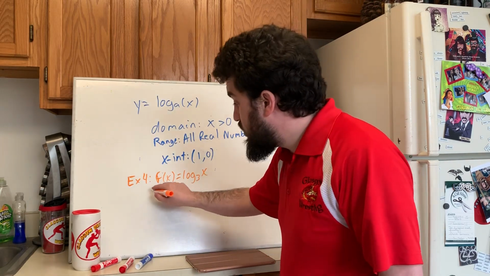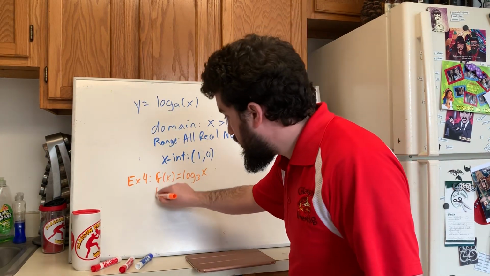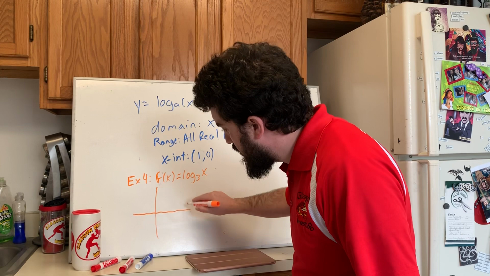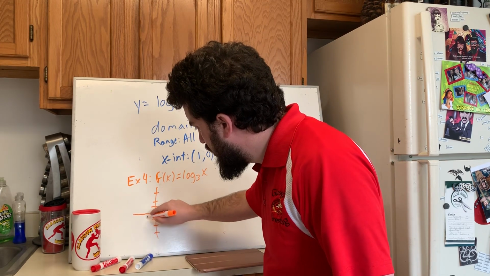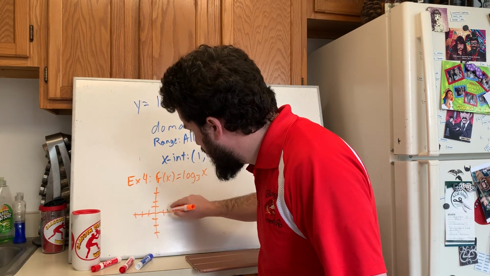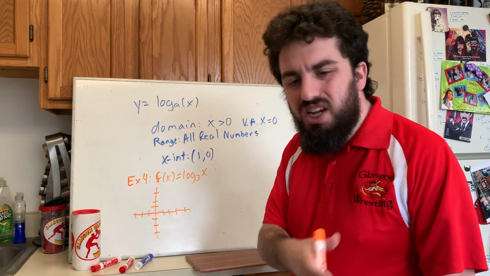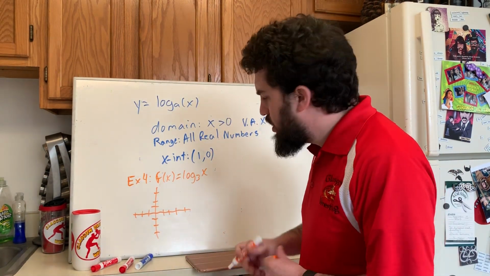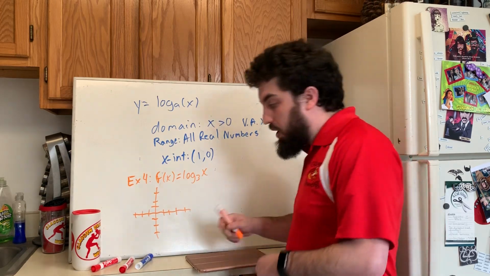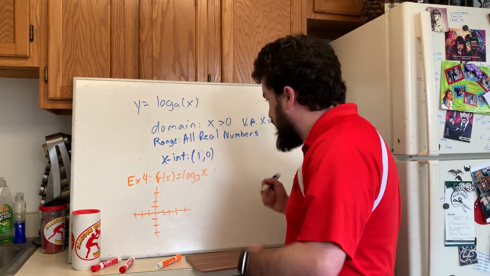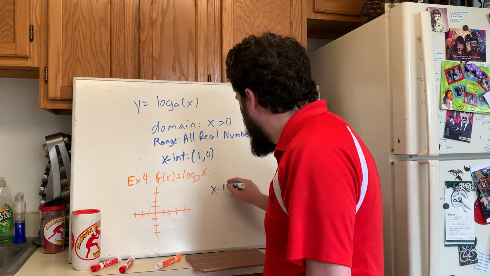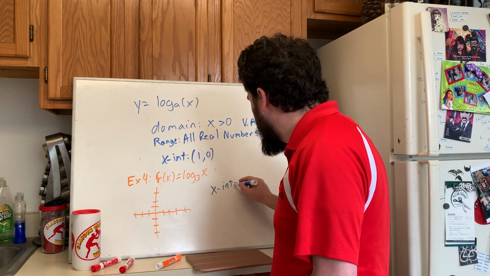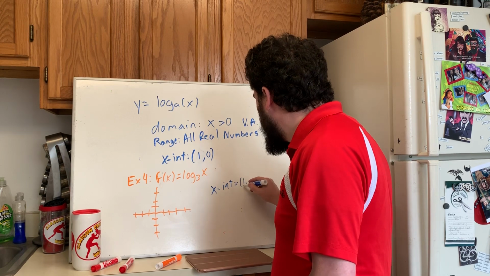For sketching this, I need to make sure I'm not seeing any shifting or anything like that. So I know my x-intercept is (1, 0).